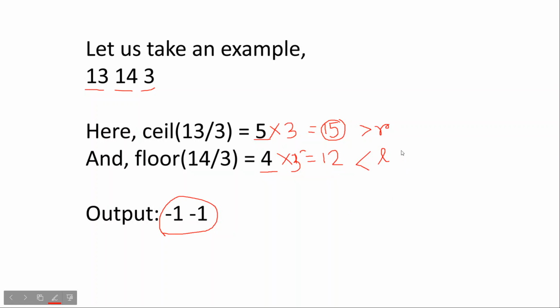So what we can find from these two observations, the value will be -1 and -1 only when the minimum height is greater than R and/or the maximum height is less than L. Okay, so this is pretty much the logic.